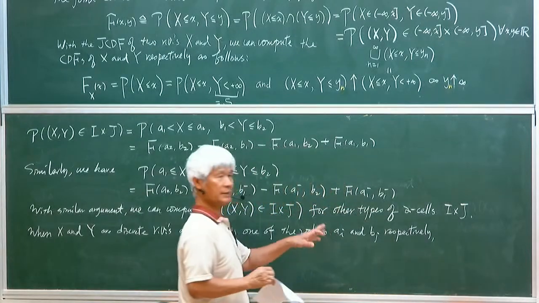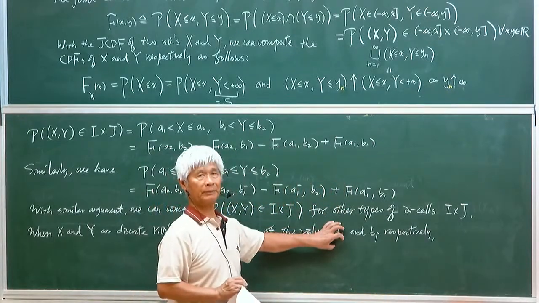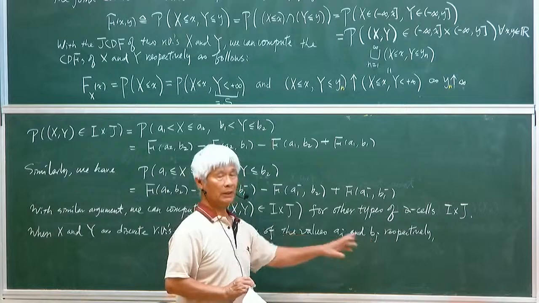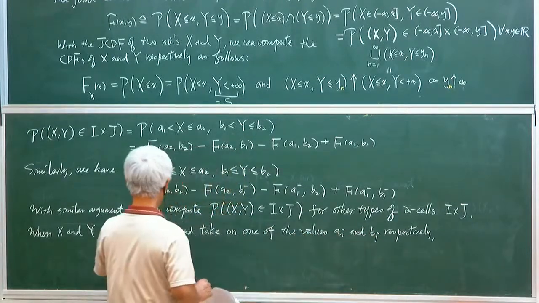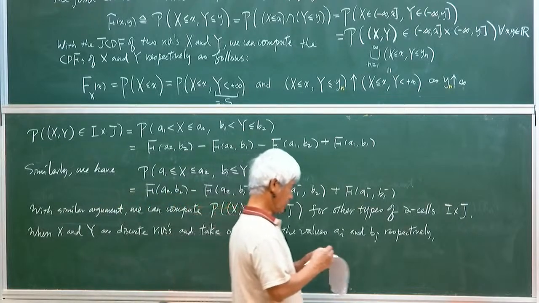Of course, there are countably many a sub i, and also countably many b sub j's, as we defined for discrete random variables before.